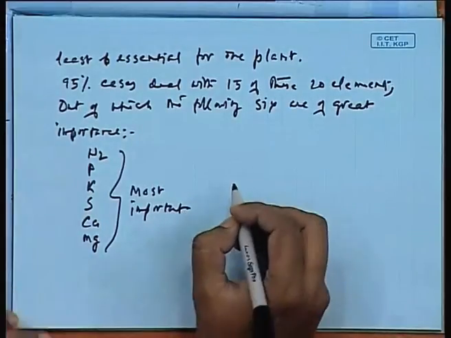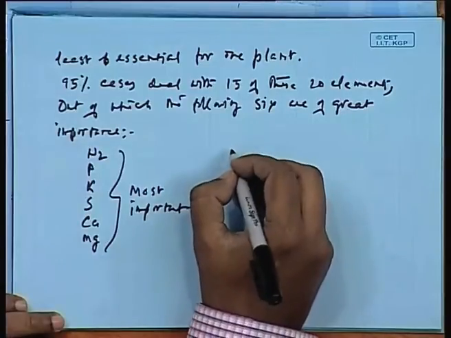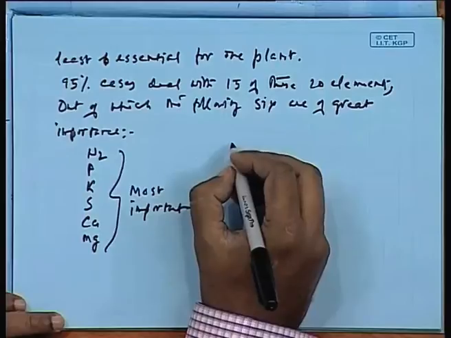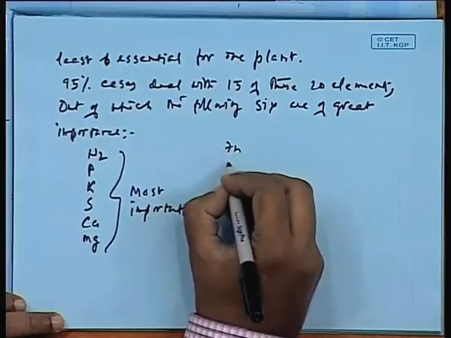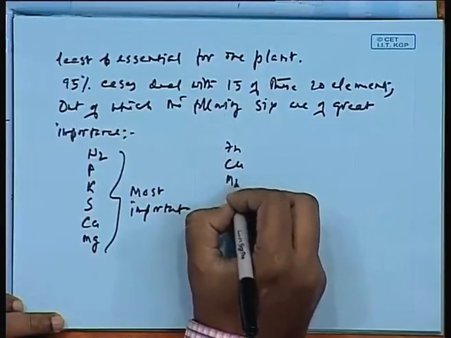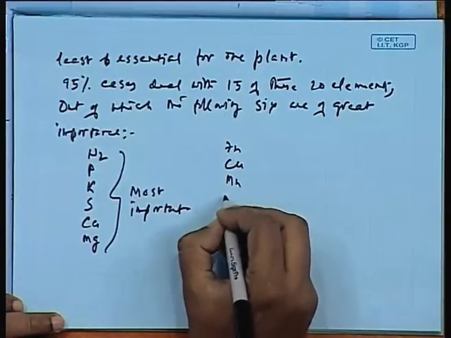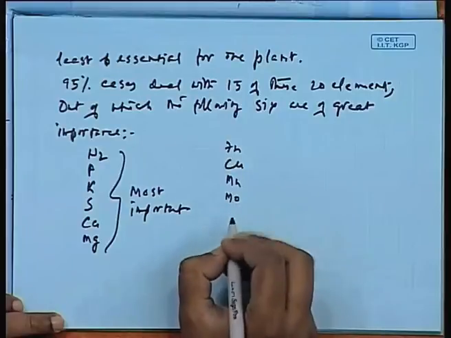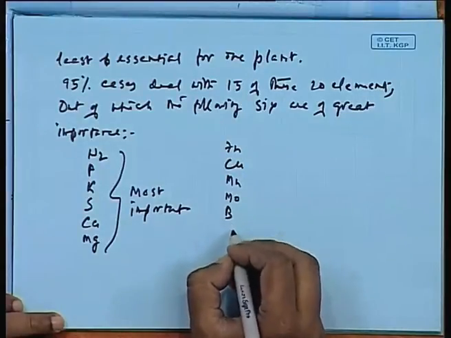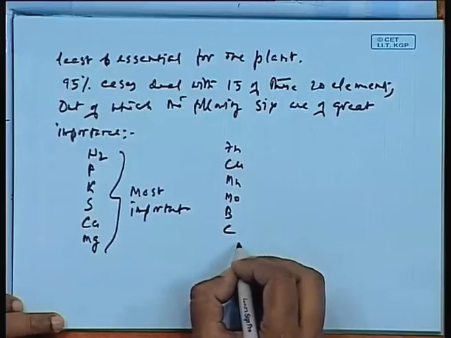Apart from that, we would require zinc, copper, manganese, molybdenum, boron, and other things like carbon and hydrogen.